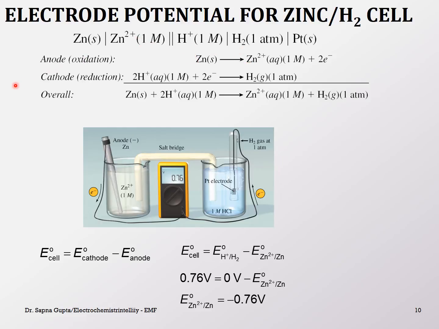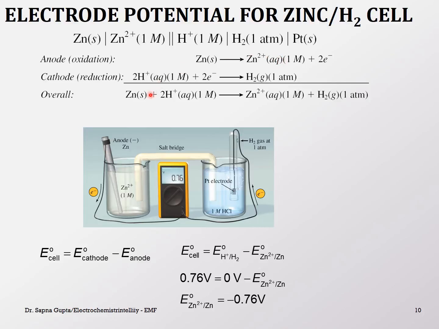The anode here is your zinc, which is losing electrons, and the cathode is where hydrogen ions are accepting electrons, because remember, in our SHE, the standard hydrogen electrode potential, hydrogen is supposed to be gaining the electrons. So if hydrogen is gaining the electrons, that is your cathode right away, which means whatever else you're measuring is going to be the anode.